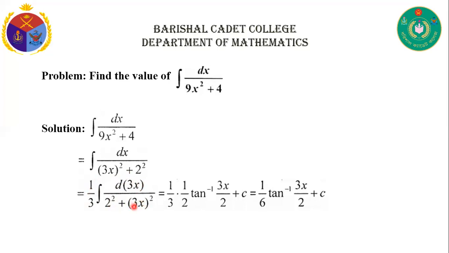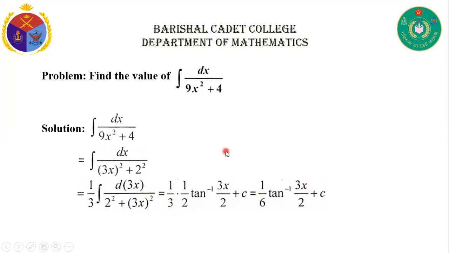We have the formula: integration of dx by a square plus x square is 1 by a tan inverse x by a. So here it is 1 by 3 into 1 by 2 tan inverse of x by a, where x is 3x, plus c. After simplifying, we get 1 by 6 tan inverse of 3x by 2, plus c.